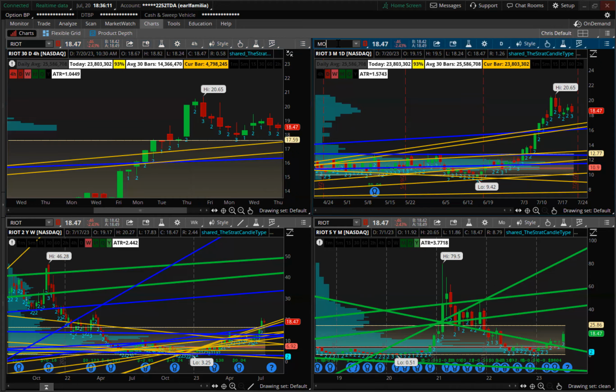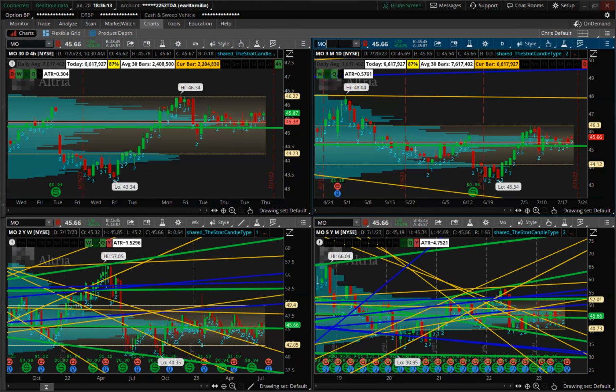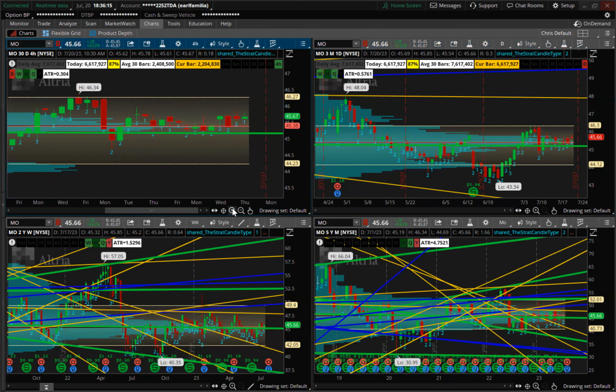Let's go MO. MO is just still in this trading range, but it's in the middle of its range. I feel like it's still going to keep moving up to get to the other side of the range, but it's in the middle right now.